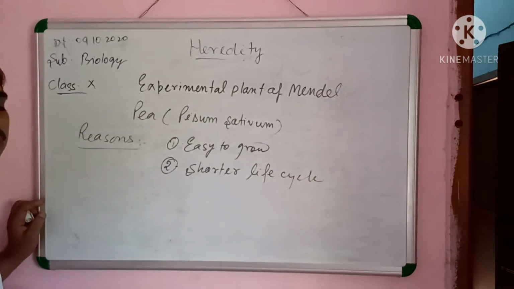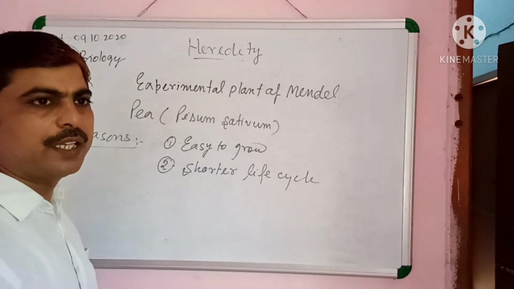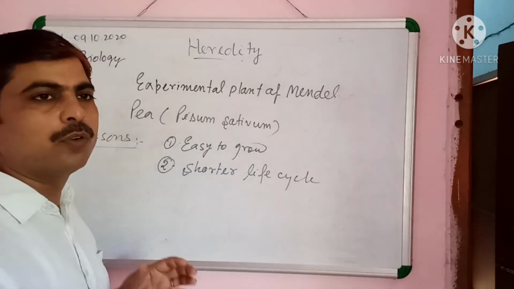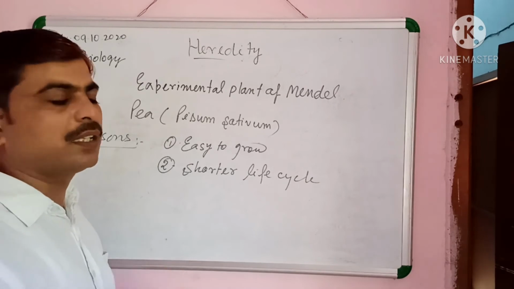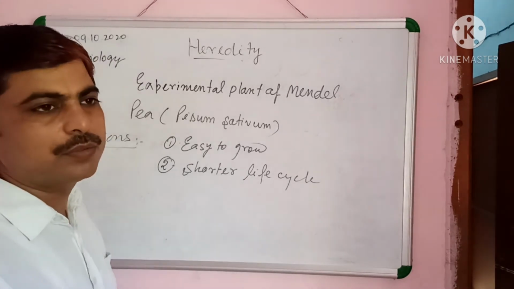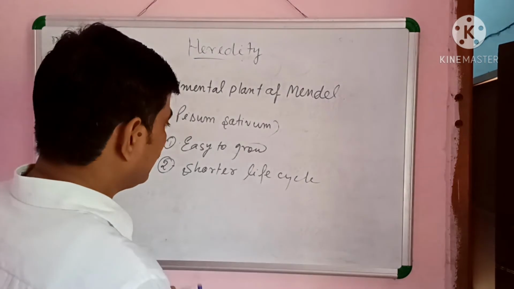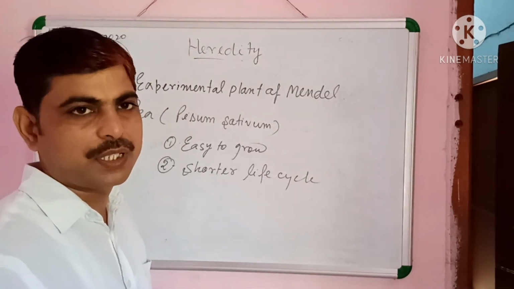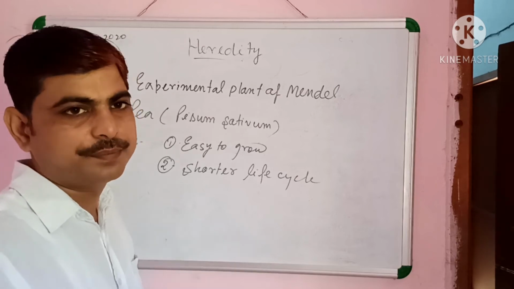Easy to grow means anyone can grow it anywhere, and no special agricultural practices are required. A shorter life cycle enables the plants to grow more generations in a given period of time.